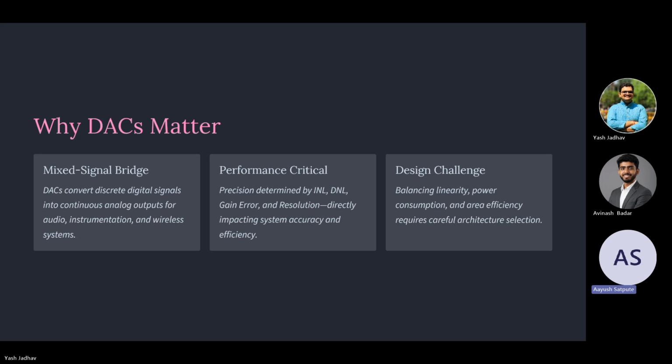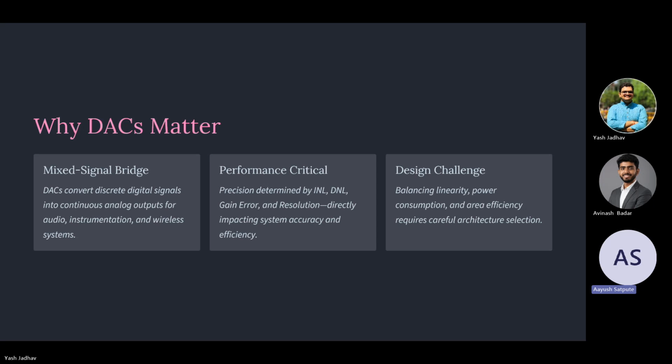Before we compare architectures, it is important to understand why DACs are so essential in electronics and communication systems. In the real world, all signals like sound, light, and temperature are analog. But most of our modern systems like computers, smartphones, and digital instruments process data digitally.